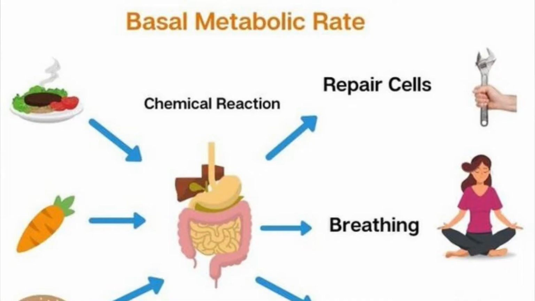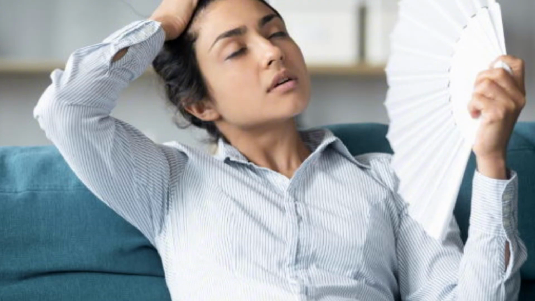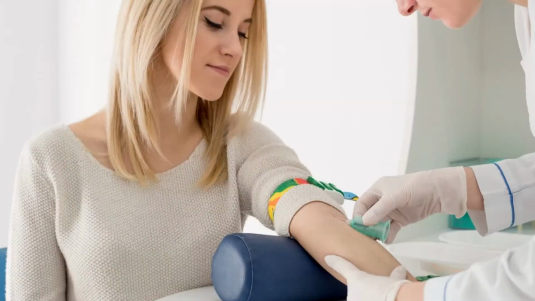Okay. And what are those symptoms? Yeah. So as a result of the increased basal metabolic rate, a person with hyperthyroidism will be feeling hot all the time. They get palpitations or racing of the heart, sweaty palms. The blood pressure can go high as well.